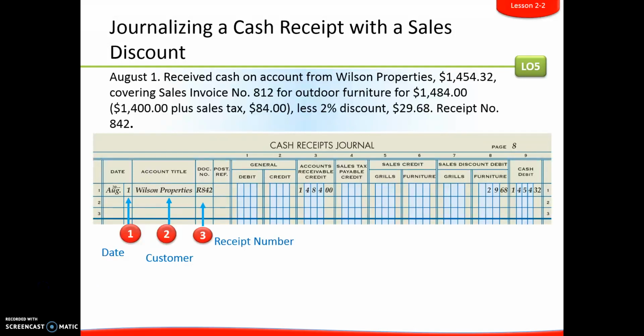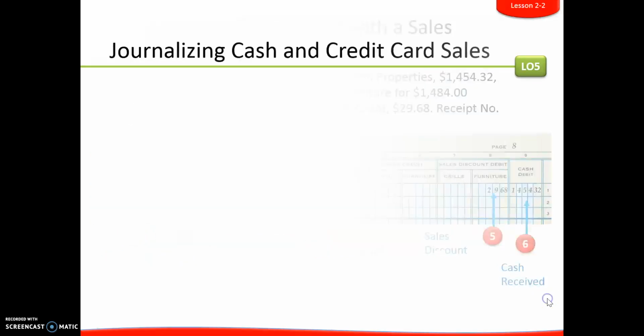Our document number is the receipt number 842. Then our accounts receivable is credited for the amount that they owe us, which remember was $1,484. Then we put in our sales discount, making sure that it goes under furniture, as it says that it was for outdoor furniture. And then the cash debit is the difference between those two numbers, or the amount of actual cash that we received.